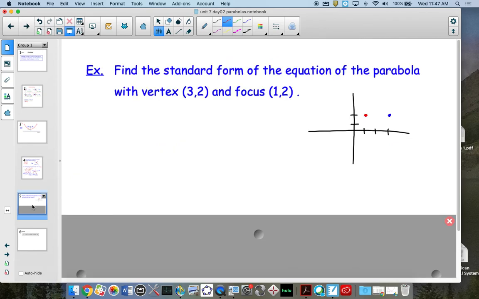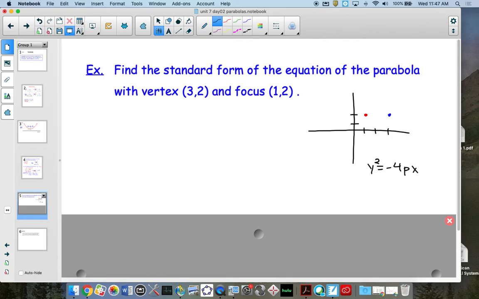And if we move our vertex around, it's going to be (y - k) squared equals -4p(x - h). There we go. If you want to be more accurate, you can always figure out the intercepts later.